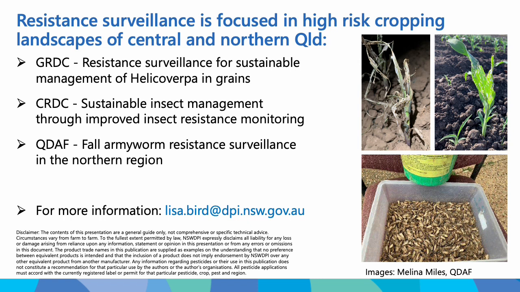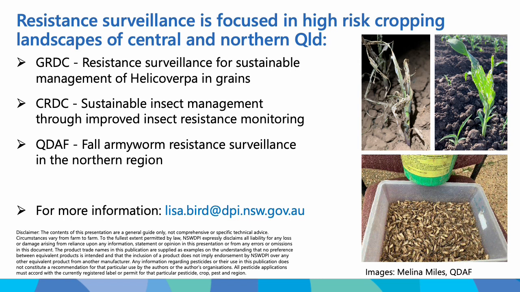So we've just finished a 3-year project supported by the grains industry to do Helicoverpa resistance surveillance in central and northern Queensland. And we've also just completed a 3-year project doing Helicoverpa surveillance in rotational crops of cotton. And in fact, we've just started a new CRDC project to continue that surveillance work. And we're also collaborating with QDAF in a project to monitor fall armyworm resistance in the northern region.